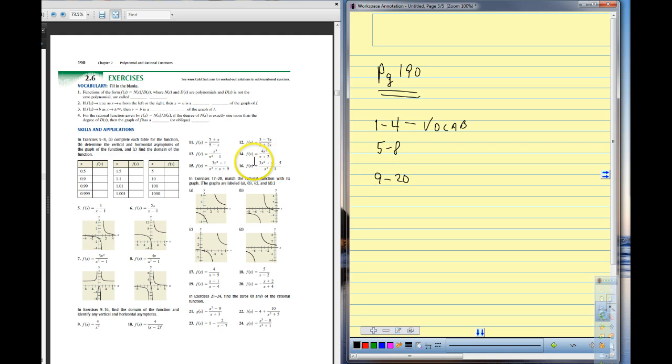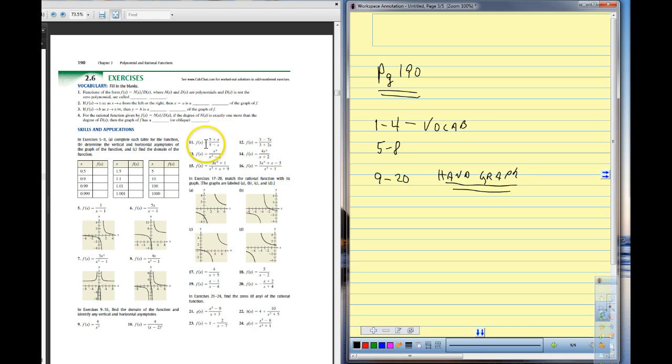But before you do, for example number 11 and all these, I want you to hand graph. Especially for 9 to 20, hand graph first, using the techniques that I showed you in that video. You can go home and look at the video again, hand graph those, and then put that function in your calculator, set the window up, and determine what you think matches up.